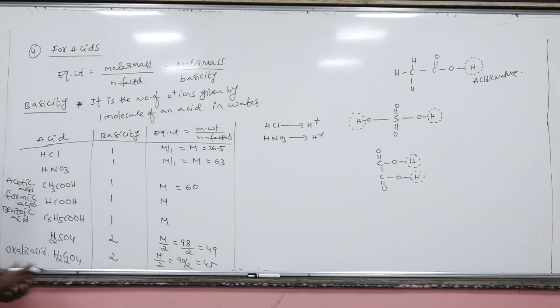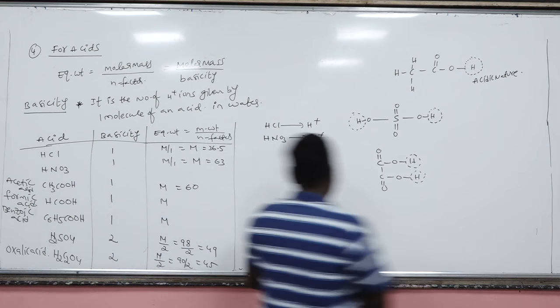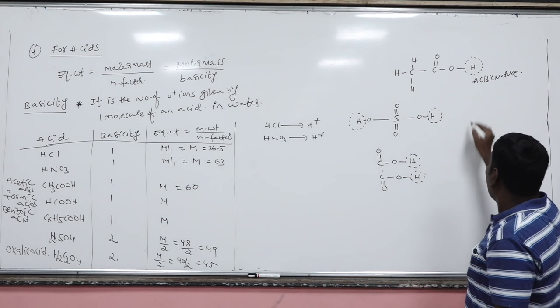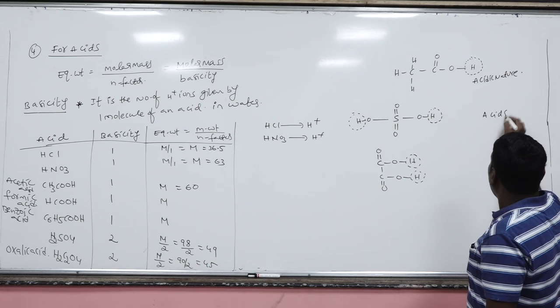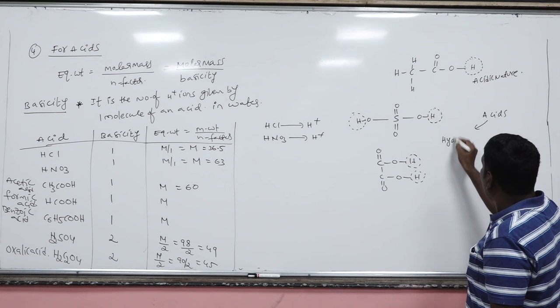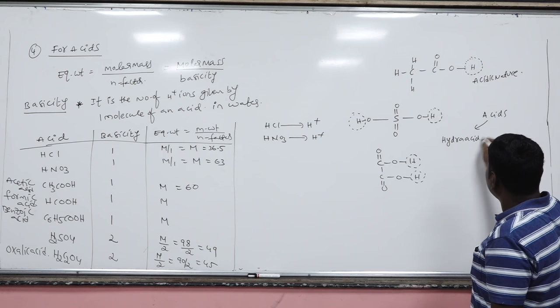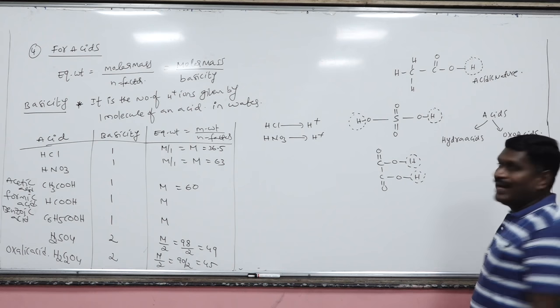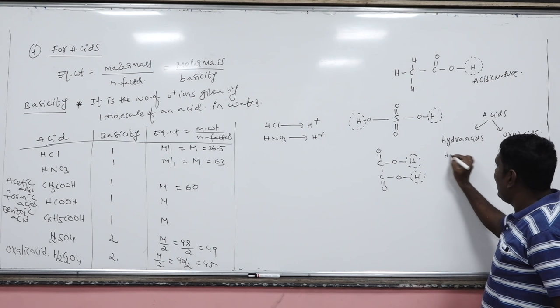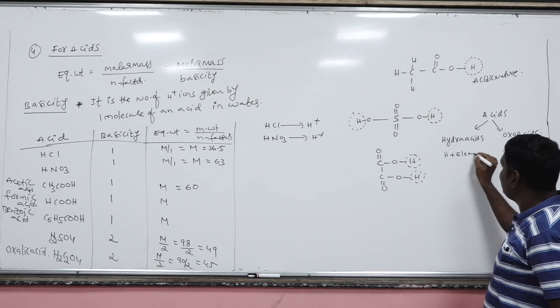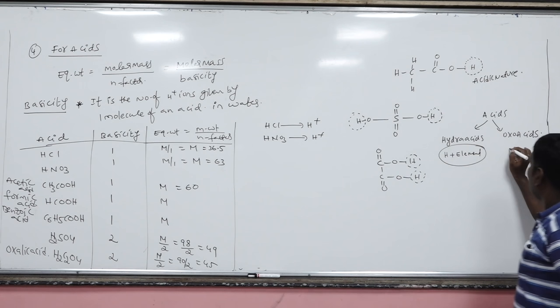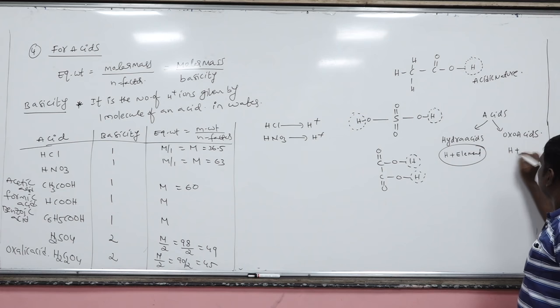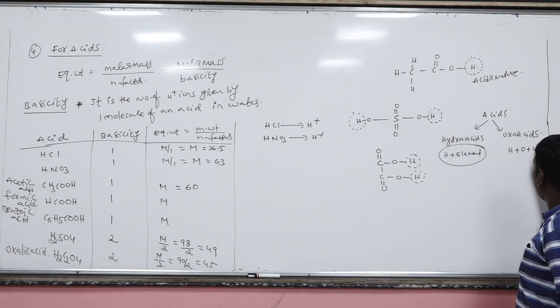Now acids are basically of 2 types: hydra acids and oxo acids. Hydra acids are those in which only 2 elements are present, hydrogen and another element. In the other type, hydrogen is present, oxygen is also present, and some other non-metal element is present.